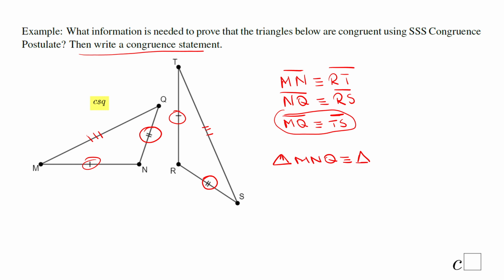What would be the second triangle? In this one you have to have the corresponding sides. So you take a look at M. M is at this intersection of the side that is marked with 1 and the one marked with 3 marks. So that will be in this case letter T. Then we look at N. It's the intersection of the side that is marked with 1 mark and 2 marks.